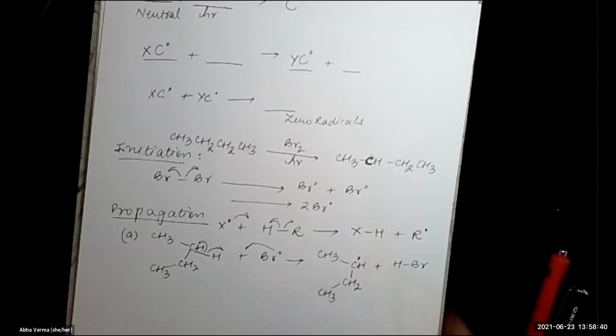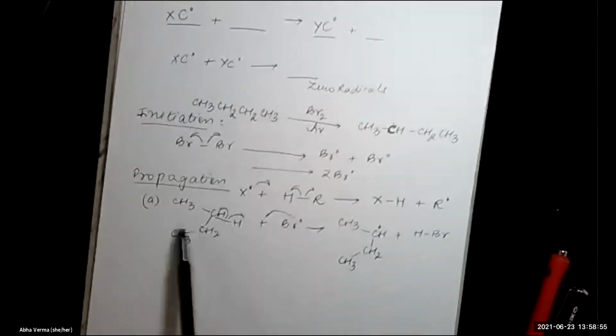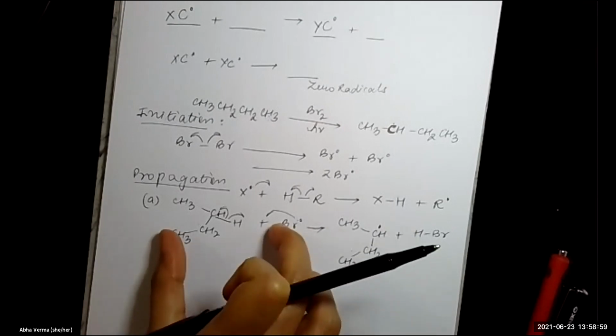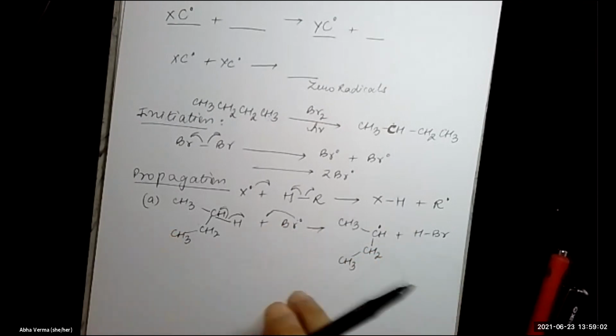I still have only one radical. But my new radical is different from what I had earlier. So if you are given a structure or a reaction like this, you must be able to identify that there was one radical here, now there is one radical here.